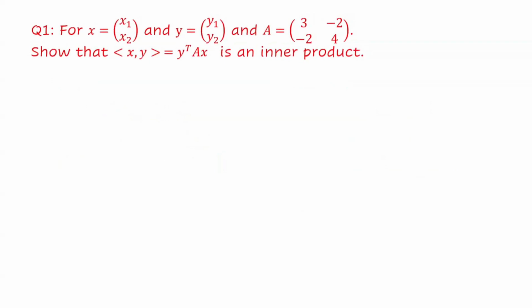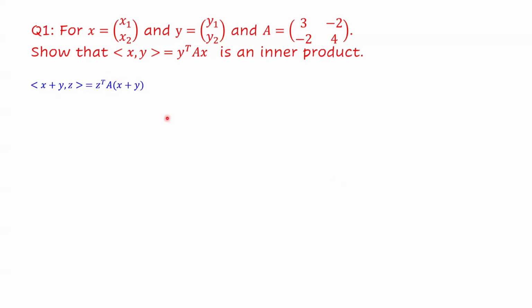The next property is the distributive property, in which we are going to show that ⟨x plus y, z⟩ is equal to ⟨x, z⟩ plus ⟨y, z⟩. For that, the definition is z transpose A (x plus y).